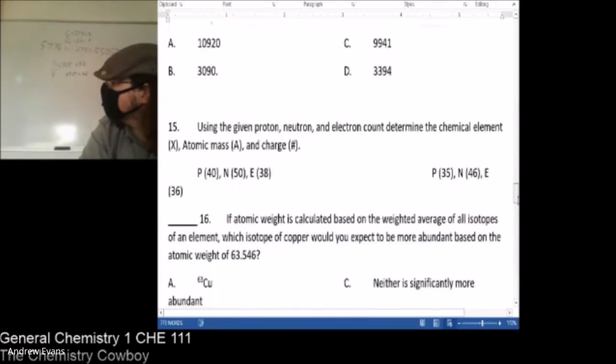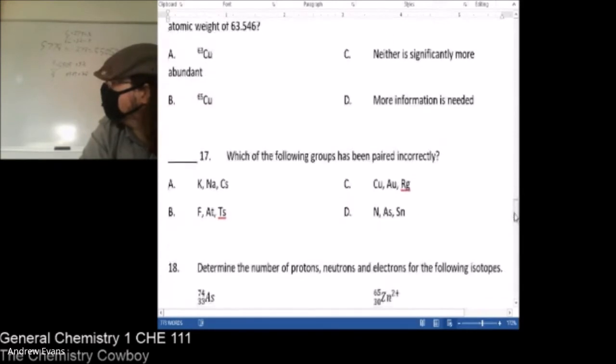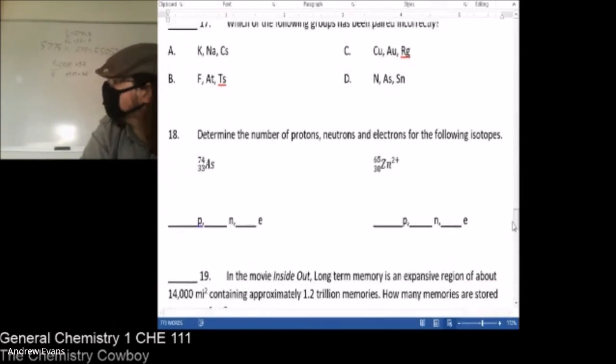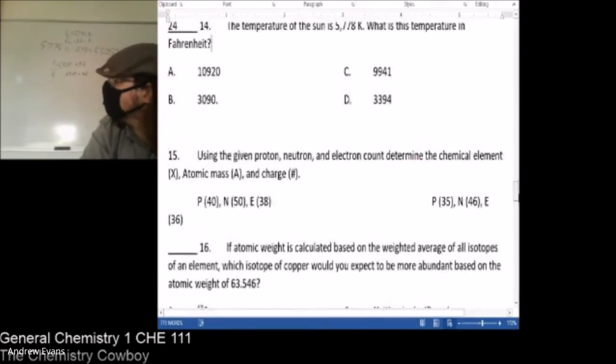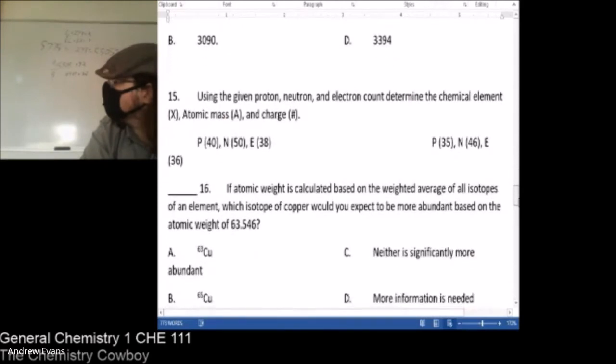This one, we will do these last 2 or 3. Well, we'll do 15 and 16, and then we'll stop this one and start looking at the last one. So this one's going backwards. Using the given proton, neutron, and electron count, determine the chemical element, the atomic mass, the mass number, and the charge.